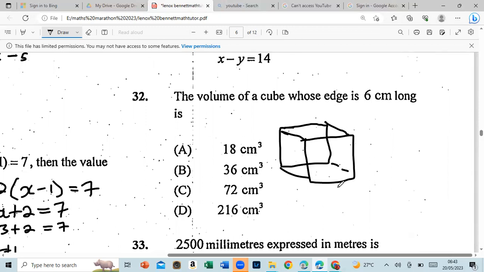All we do is find the area of the base, but since one side is 6, all are 6, right? So it's the area of the base, so 6 times 6, which gives us 36 centimeters squared. But we're supposed to times it by the height, so we times it by 6, which gives us 260 centimeters. Alright, this is what comes on the PEP also.